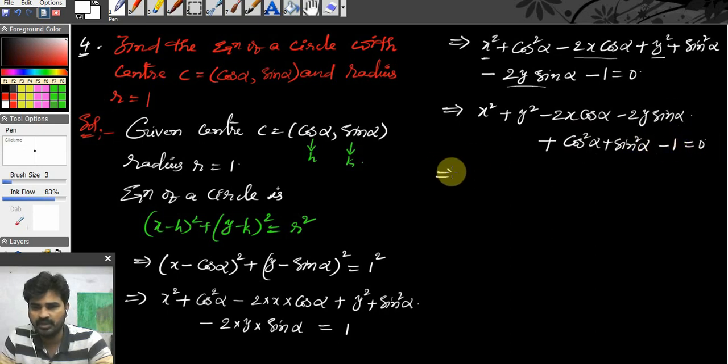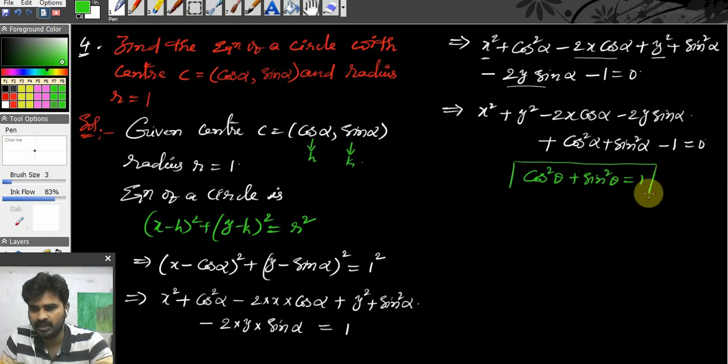Now we have a formula in trigonometric functions: cos square theta plus sin square theta is equal to 1. We can apply this formula in this equation. Here cos square alpha plus sin square alpha is there, and that value will be taken as 1.